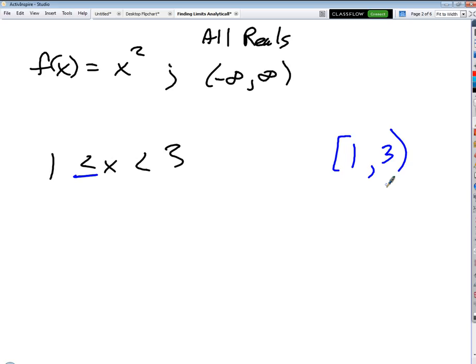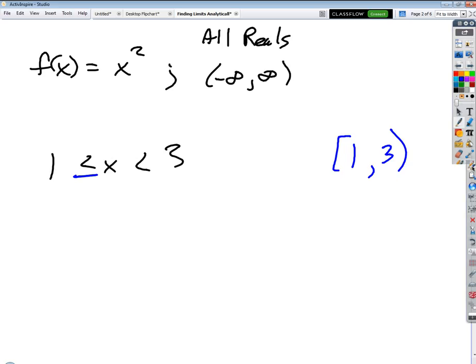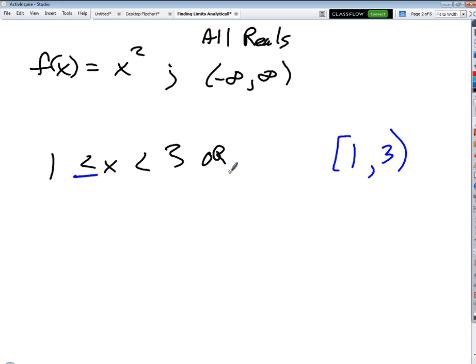What if we add something else to this? What if we say, or, and we can do that with, I can't remember what you can call that thing, the U thingy. Or x is greater than 5, let's say. How would we do that? Okay, we got a couple options.